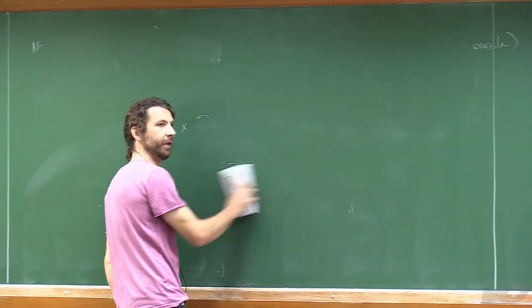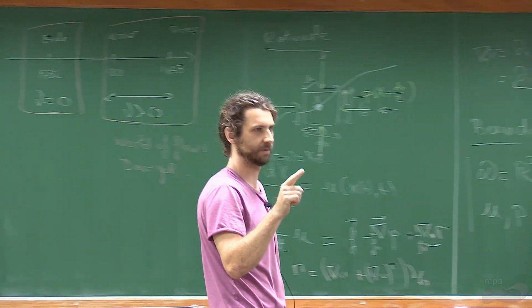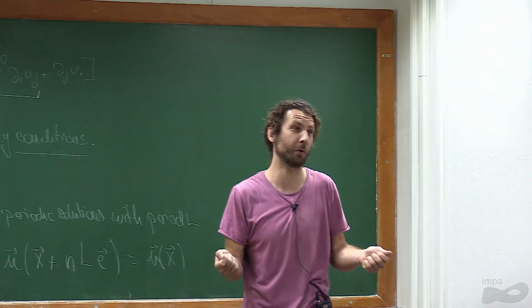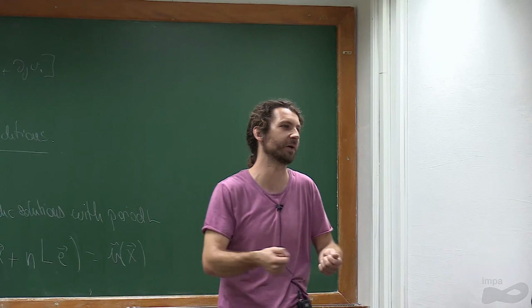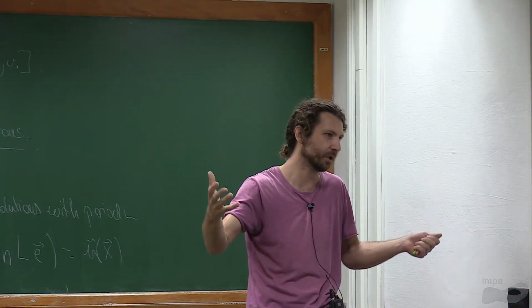Yes, for the velocity, yes. But then the question, for example, if you talk about transport, you may want to have R cube. So you may want to unfold the velocity.